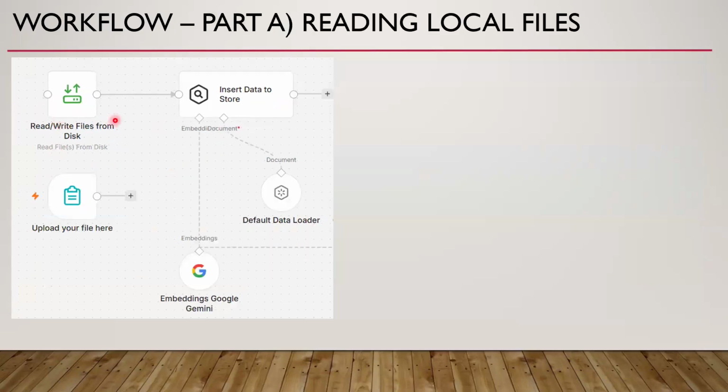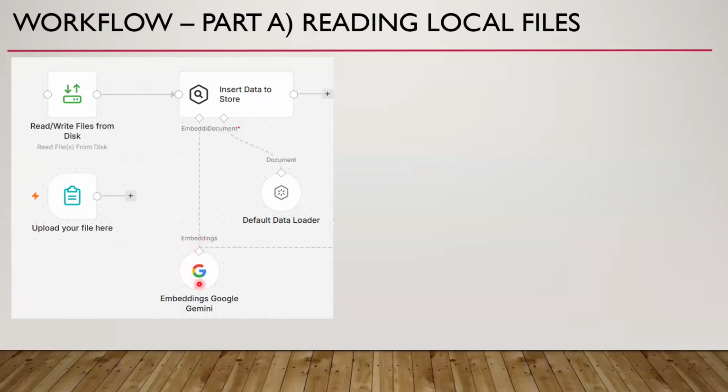So this is the first part where we read the local files. For that, we need the read and write files from disk node, and then we connect it to the insert data store. This insert data store uses the default data loader and the Gemini embeddings.